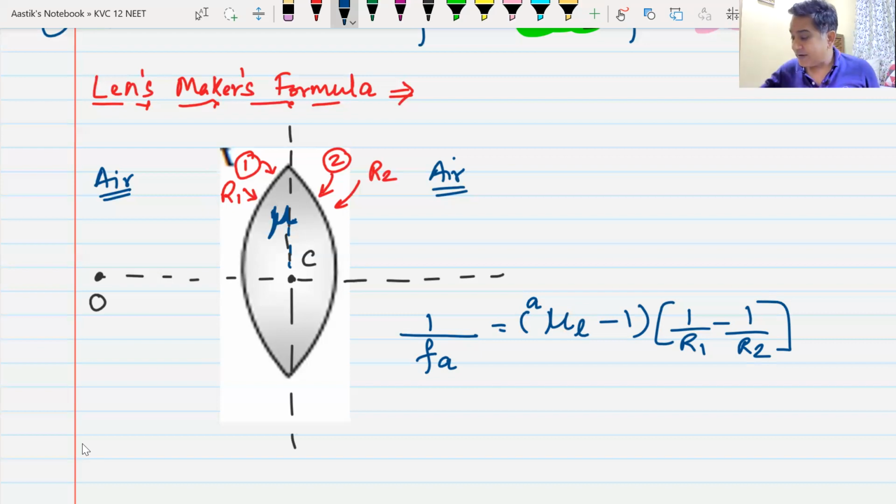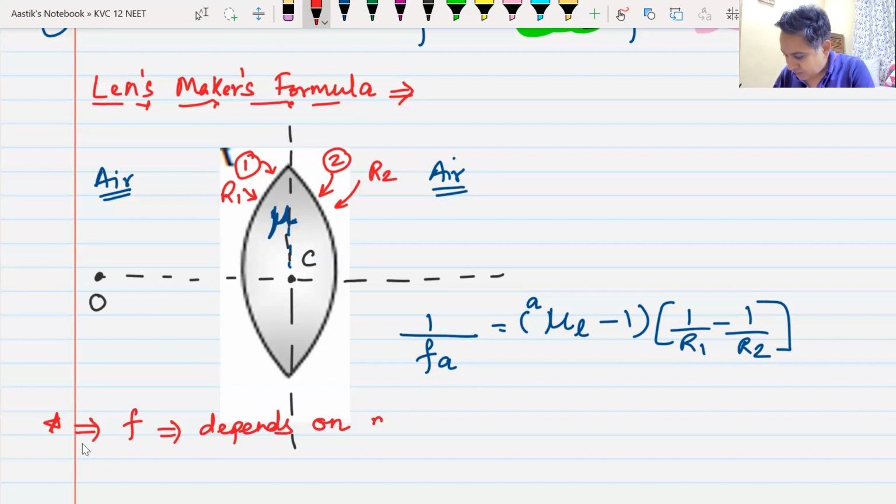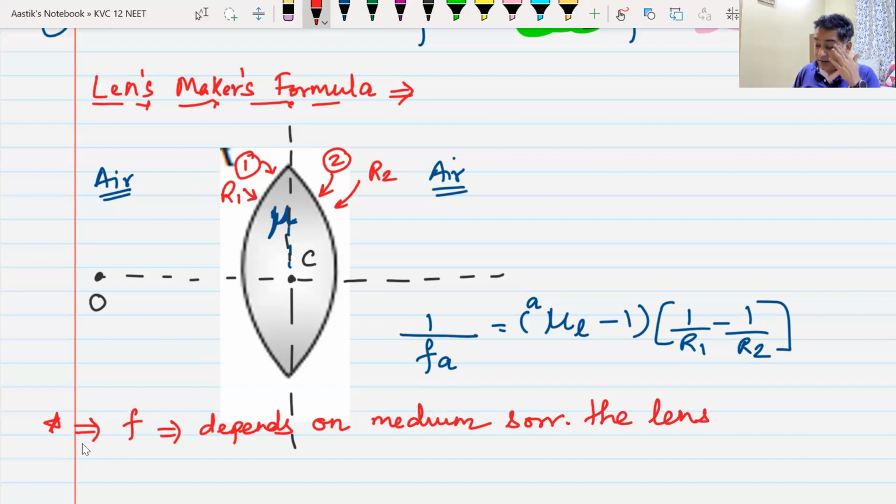Now the important point you must remember here is that focal length F depends on the medium surrounding the lens.